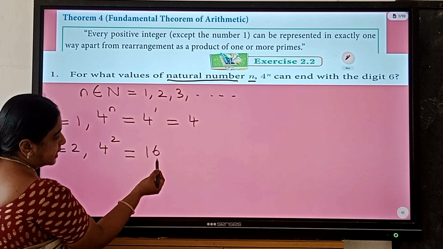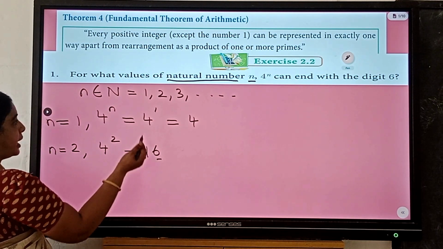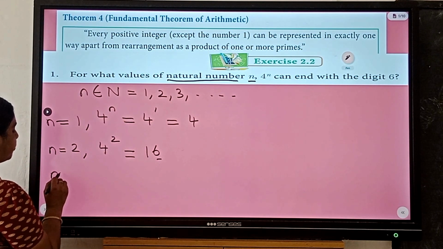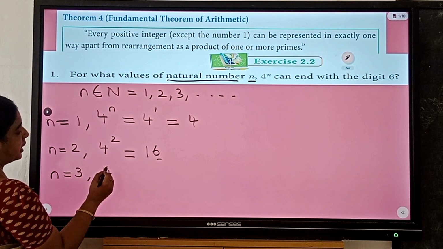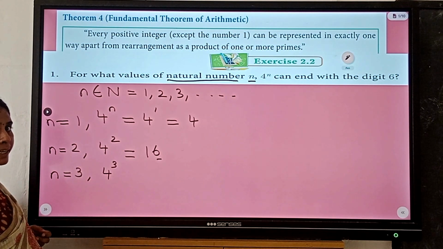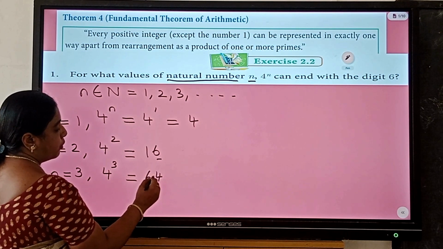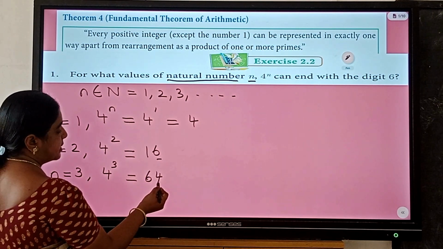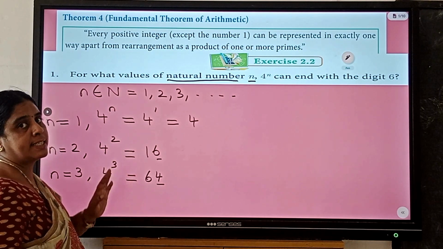Here you can see that it ends with the number 6. Again let me see it for 3. When n is 3, 4 power 3, that is 4 cube, is 64. Here it ends with the number 4 and not with 6.